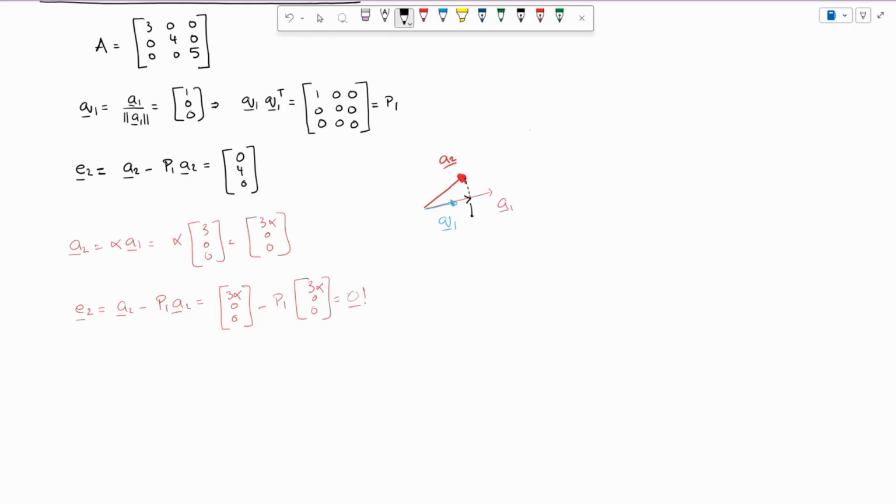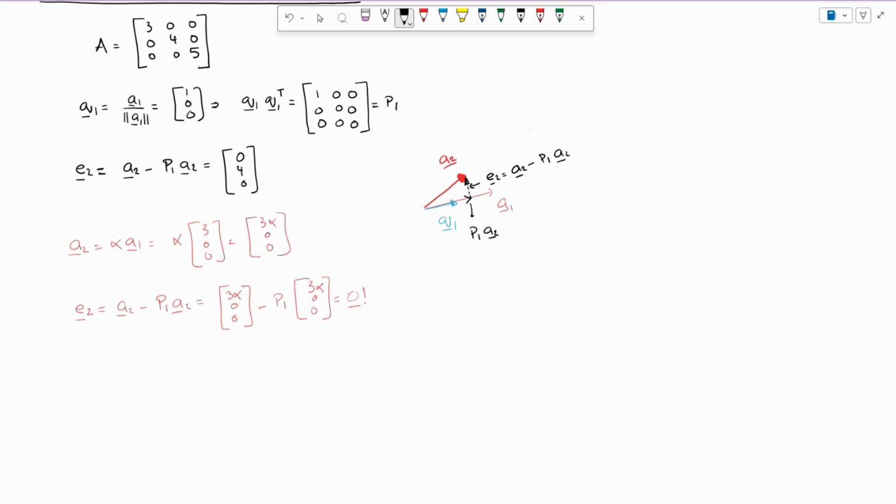This vector is P1 times A2. What is E2 here? Where is the vector E2 in this picture? Not the space. It's this vector from the tip of P1 A2 to the tip of A2. That's your E2 vector. E2 equals A2 minus P1 times A2.